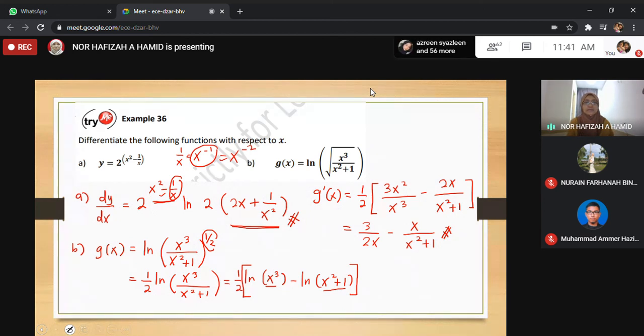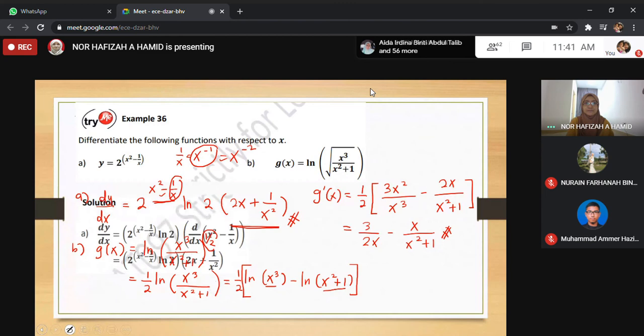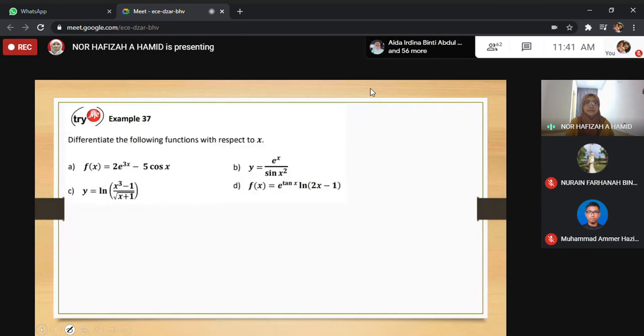Okay, so ni kalau tak sempat you boleh screenshot lah. So example 37, differentiate the following function with respect to x. Okay, so example 36 and 37 ni dia dah combine function exponent, trigonometrics and ln. So for example 37 dia combine exponent and trigonometric.